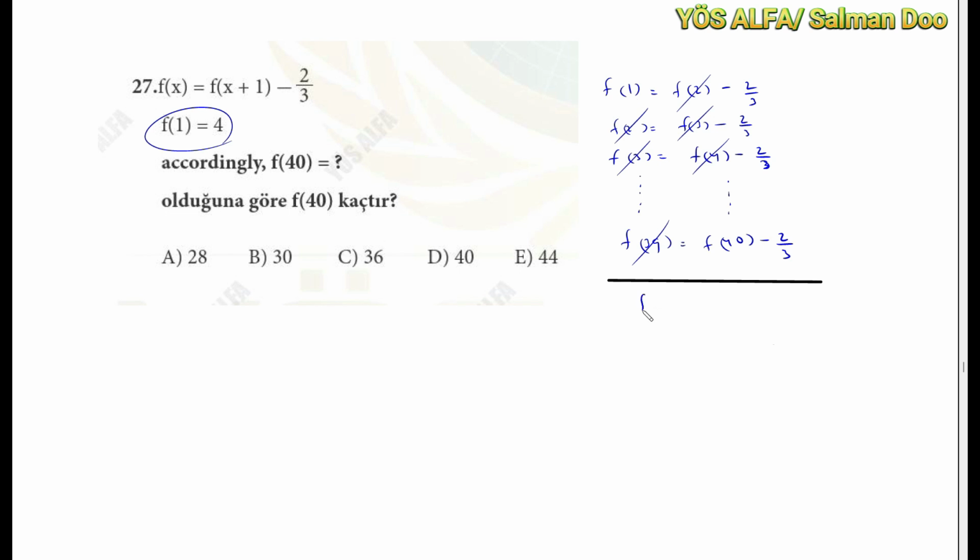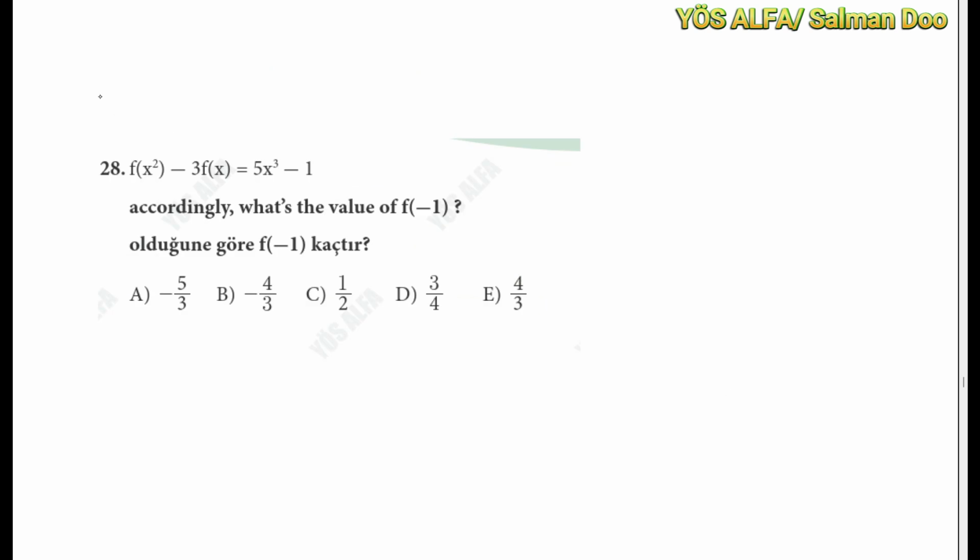So we have f of 1 is equal to f of 40 minus 2 over 3 times, how many times do we have? From 1 all the way through 39, we have 39 terms of minus 2 over 3. So since f of 1 is given to be 4, f of 40 is 30. The answer is B. 28.